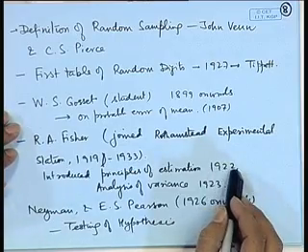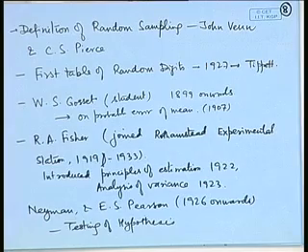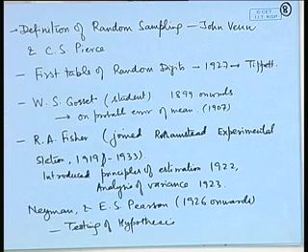In the year 1922, he gave almost all the elementary concepts of estimation that we study today. For example, the concept of maximum likelihood estimation, the concept of unbiased estimation. In 1923, he introduced the topic analysis of variance, which led to the designs of experiments.